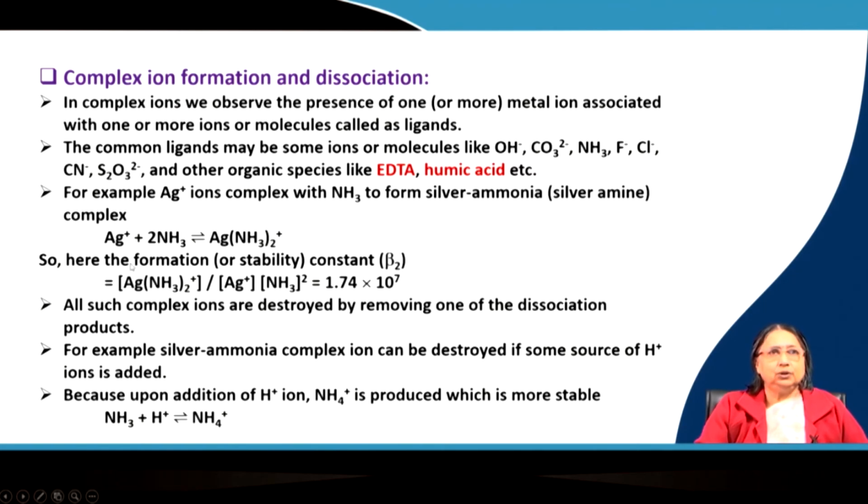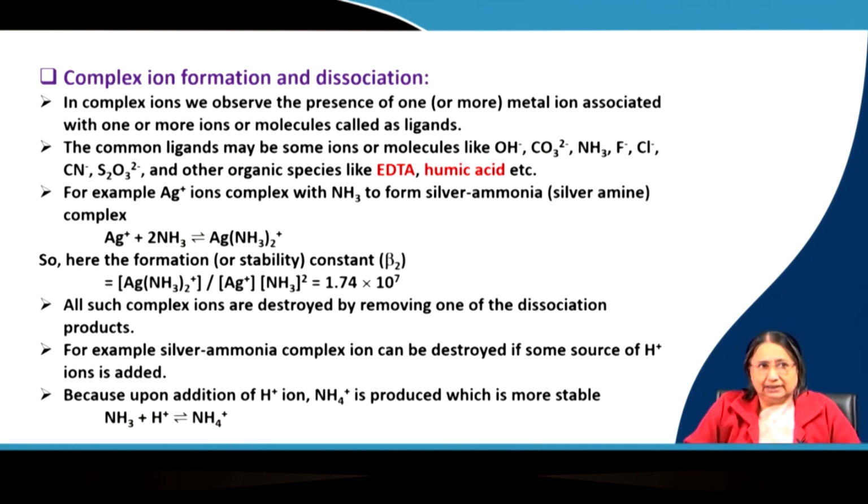and it is in equilibrium. Now, how will we express the formation here? In case of an acid we say dissociation constant; in case of ammonia, a weak base, also a dissociation constant; and in case of water we write the ion product of water, Kw. In case of a complex, we write the formation constant or stability constant, usually expressed using the beta term.